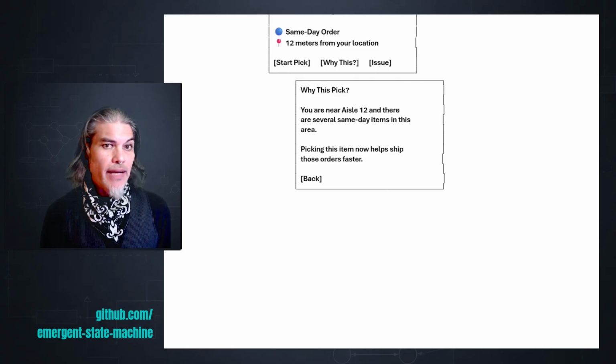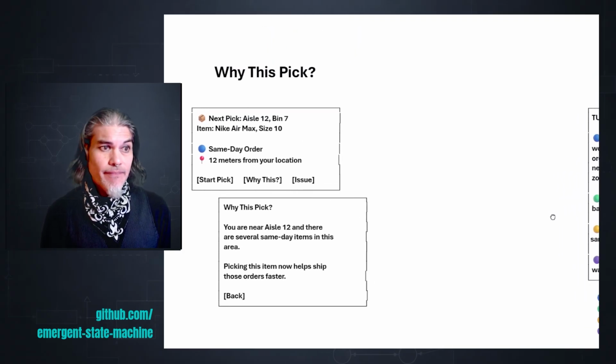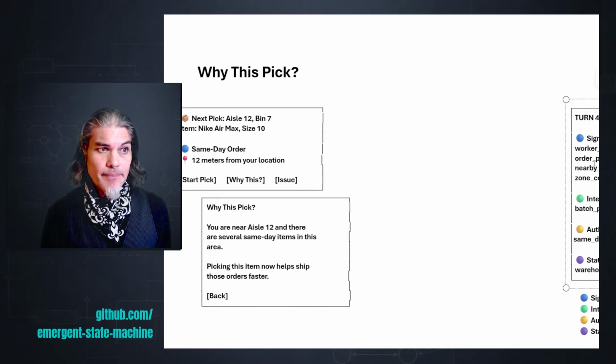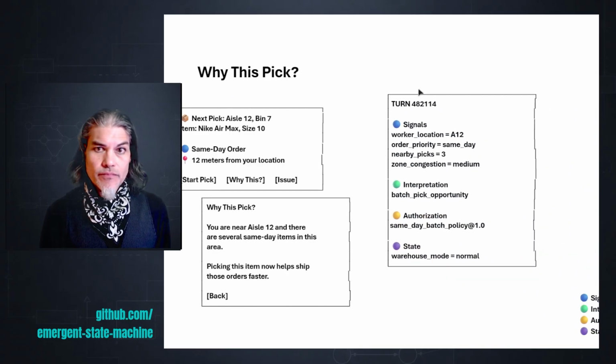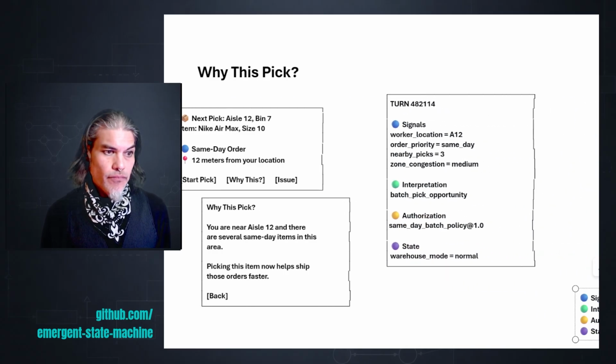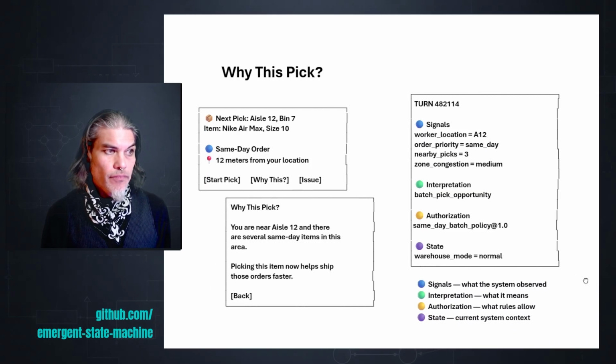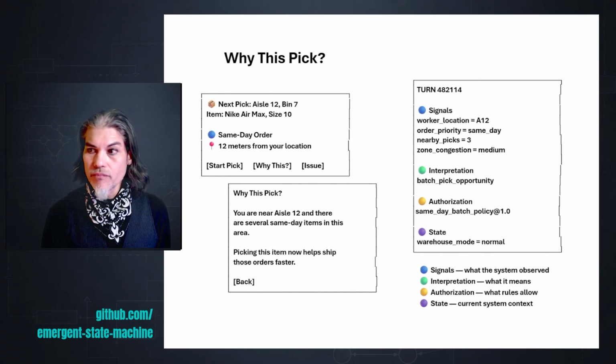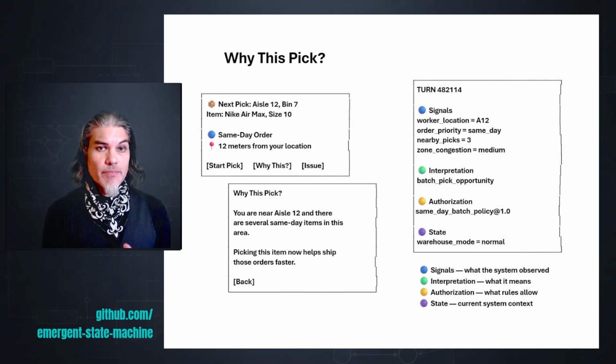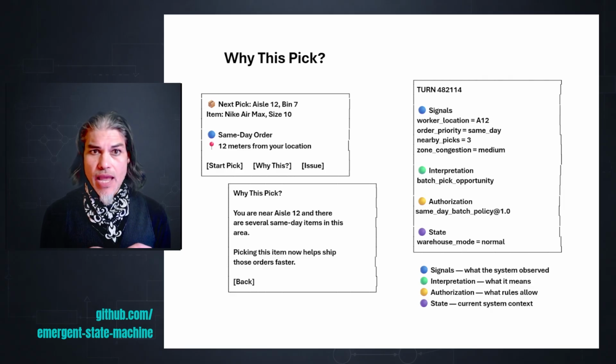So now let's go back and look at the turn record that enabled the Y button. The system signals showed the worker was already in aisle 12, and there were 3 urgent picks nearby.